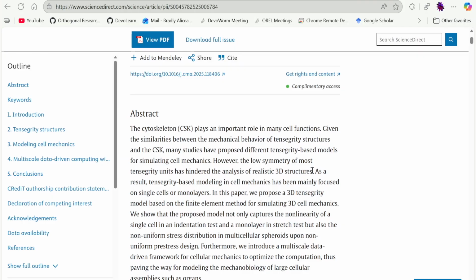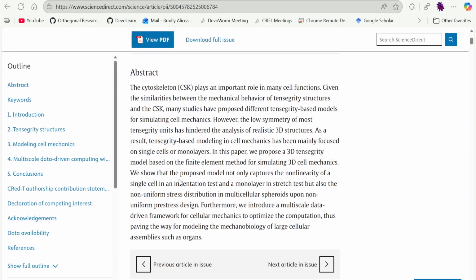They're talking about taking the tensegrity units that we've talked about in past meetings and how you can combine those, because obviously you need to combine them to make this useful to tissues. As a result, tensegrity-based modeling in cell mechanics has been mainly focused on single cells or monolayers. So in this paper, we propose a 3D tensegrity model based on the finite element method for simulating 3D cell mechanics.